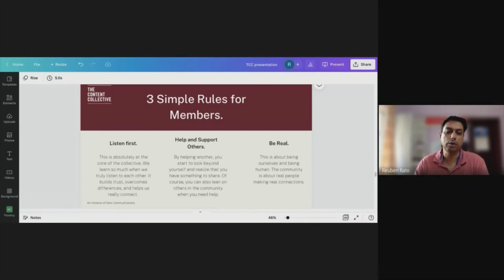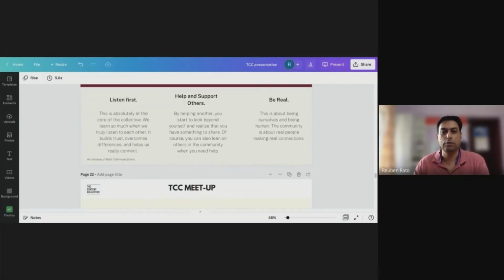So it's not only about being a passive member, but also seeing if you can help others in whatever way you can. And most importantly, being real. We're not into fufa. We say it as it is. We are as real as you get, and we want you to make real connections and have real interactions. That's pretty much what we ask of every member.